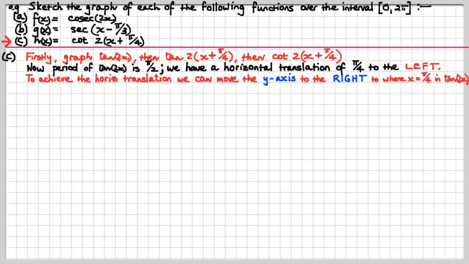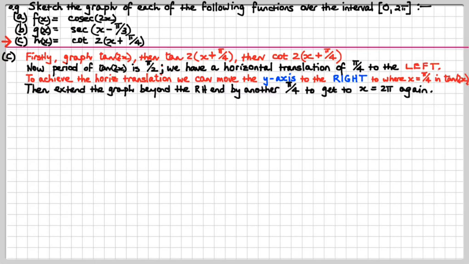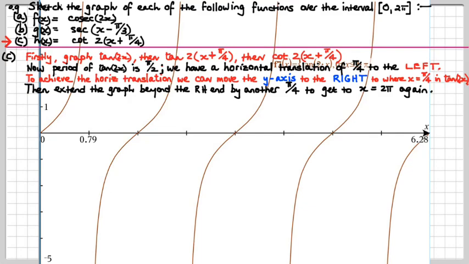To achieve the horizontal translation, we can move the y-axis to the right instead of moving the graph to the left, as we did in the previous example for sec. To where x is pi on 4, we're going to move it to the right. Then extend the graph beyond the right hand end by another pi on 4 to get to x is 2 pi again.